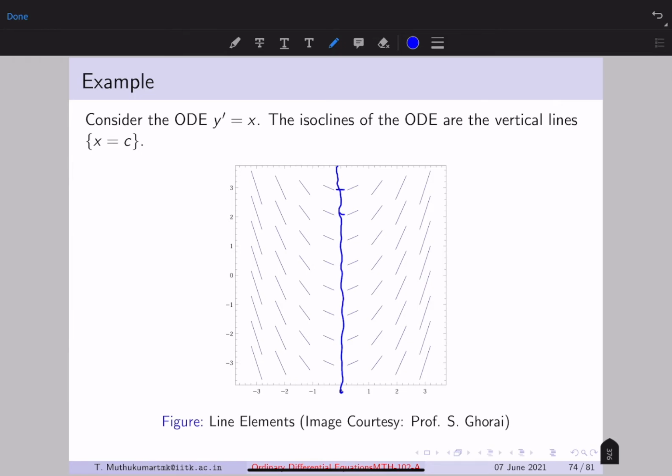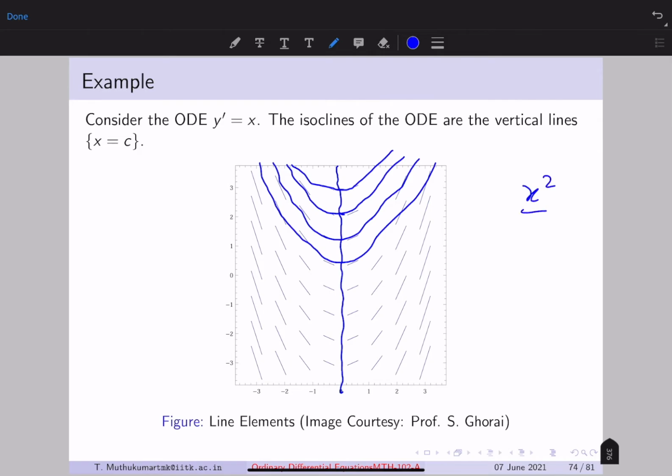So more or less your curve is coming like this and going, coming like this and going. Right? This is the kind of tangent here. So that is how your solution curve seems to be, and that you can very easily verify here, right? Because in this case, if you integrate, it's x square by 2, which are parabolas, and that's the kind of thing that you're getting here, parabolas, right?